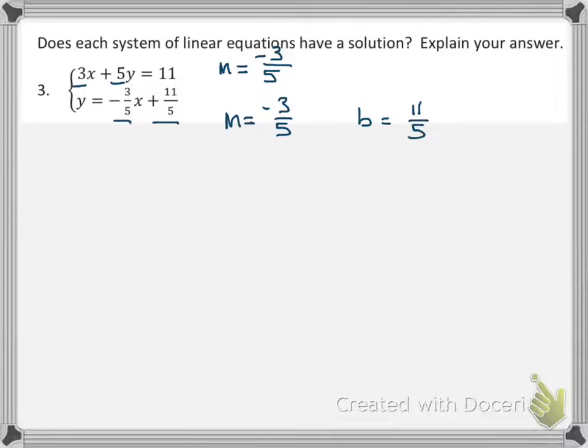So we just have to find the y-intercept, which is our c value 11 over our b value 5, and these are the same lines, so they intersect everywhere, and the answer is infinitely many solutions.